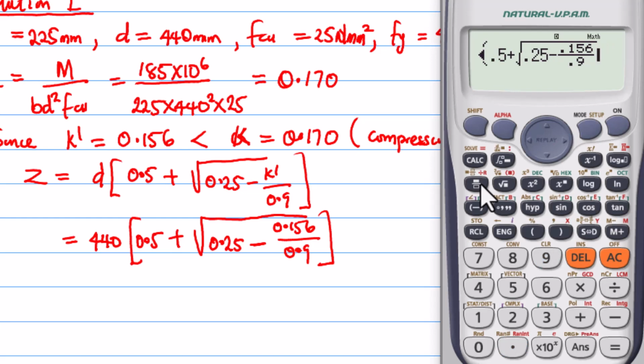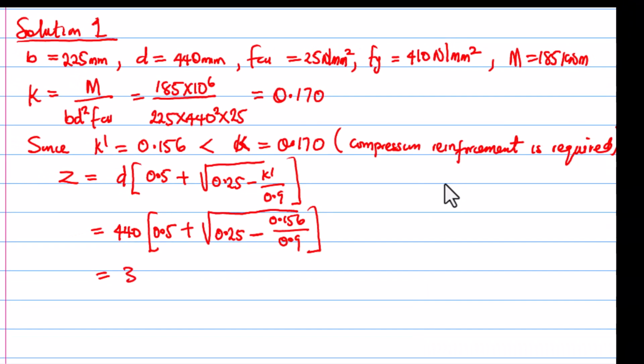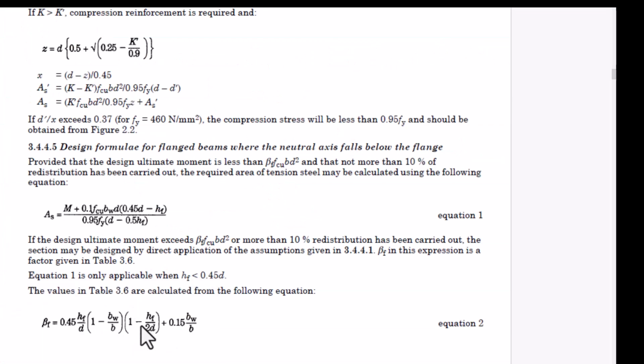So we close the brackets. So I'm getting 341.83. Okay, we've gotten our Z. Let's go back and get the next thing. The next thing is for us to get the X, but I will not do that. I'll move and get the AS prime, which is for the compression zone.